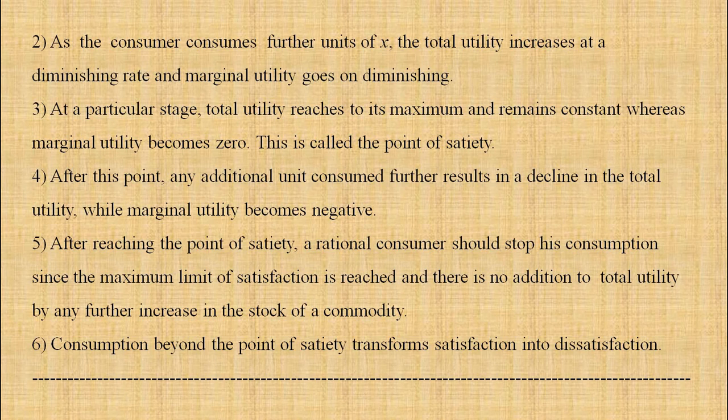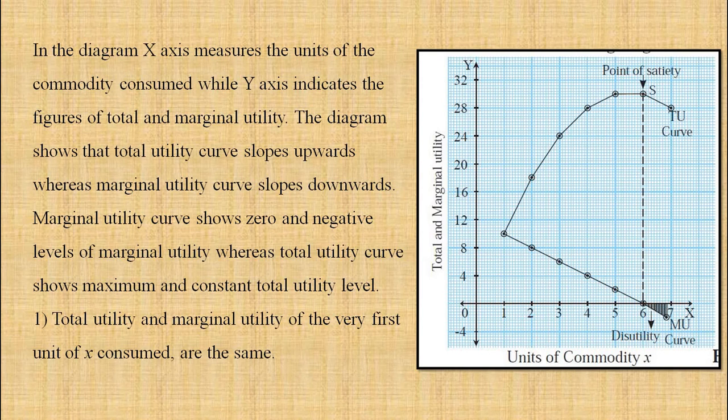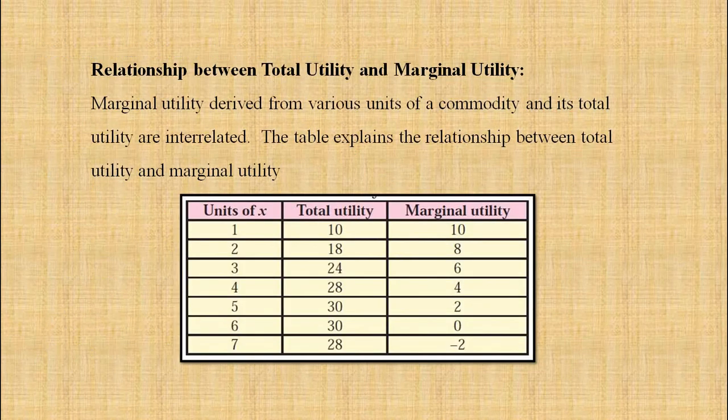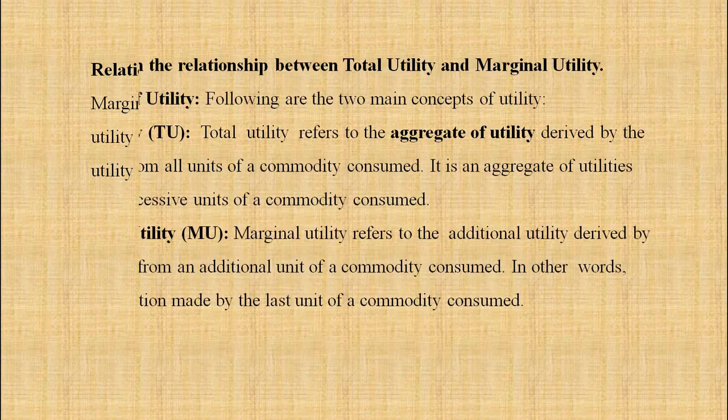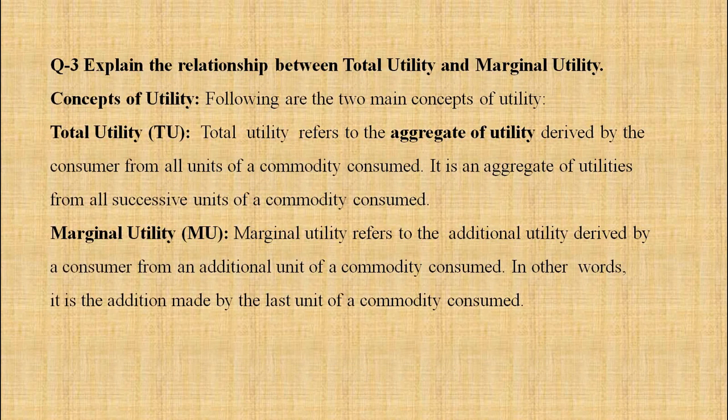This is what I explained on the next page, the same thing with the help of the diagram. This is the relationship between total utility and marginal utility. It's really very interesting. You have to always remember this example, because in the law of diminishing marginal utility we are going to carry the same example.